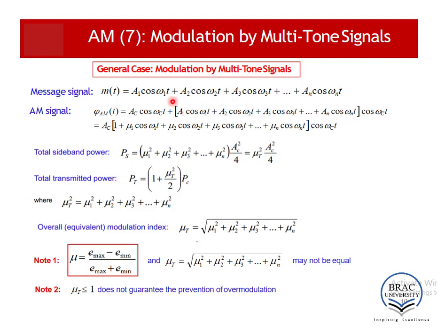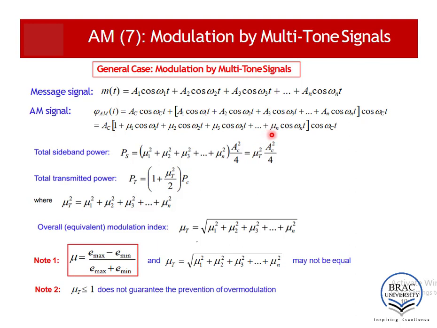If you put this m(t) in the equation of the modulated signal, you will get this equation. If AC is taken common, then we will get this. Here, mu1 equals A1 by AC, mu2 equals A2 by AC, mu3 equals A3 by AC, up to mu n, where mu n is AN by AC.